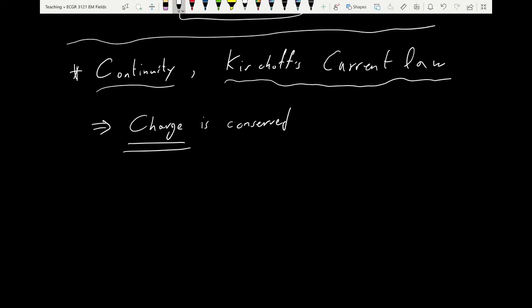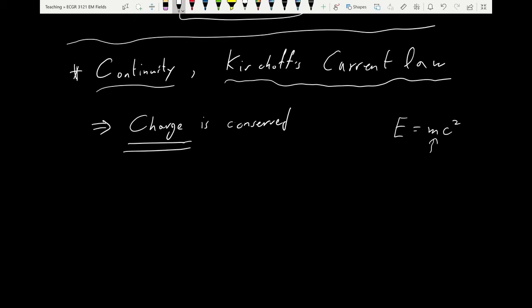Like momentum and like energy, charge is one of those physical quantities that is conserved, unlike mass. Forget I said what I said about mass. Mass is mostly conserved, but sometimes mass can turn into energy, as in the famous formula E equals mc squared. So it's possible to turn mass into energy under certain conditions, right? But charge is absolutely conserved.